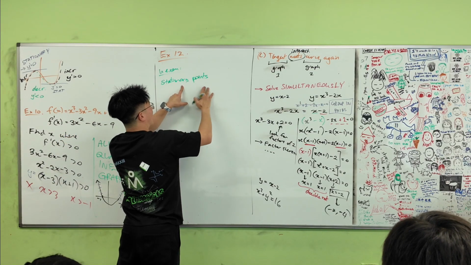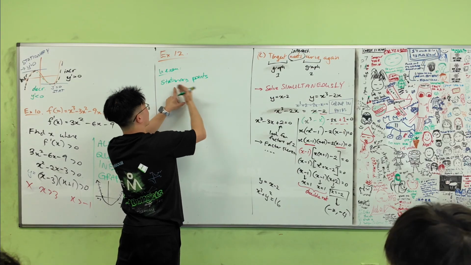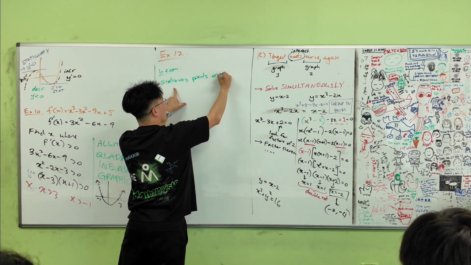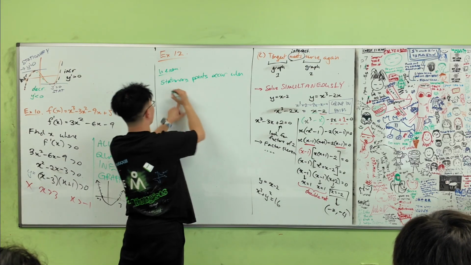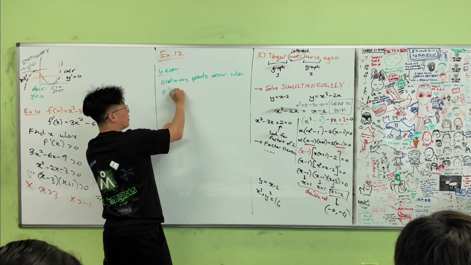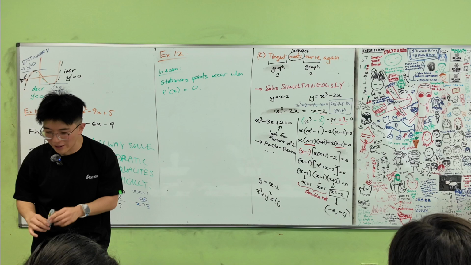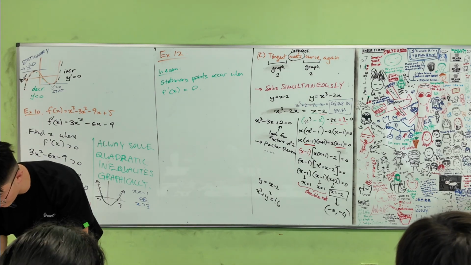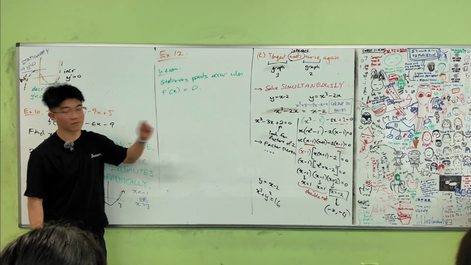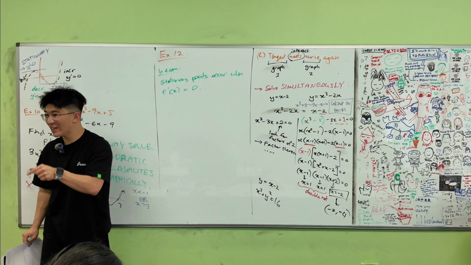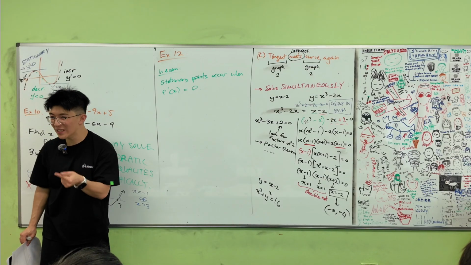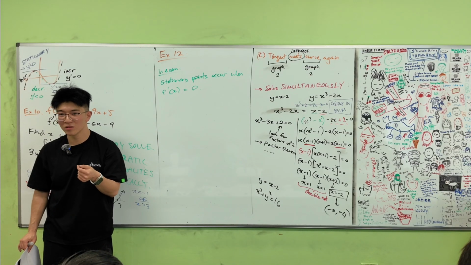You can see that's why I can't spell stationary. But try your best to write the whole thing, unless your teacher says you can abbreviate certain things. So stationary points occur when the derivative, so it might be y dash or f dash depending on the question, but you're just saying when the derivative is 0. Yeah. You have to write that in the exam.